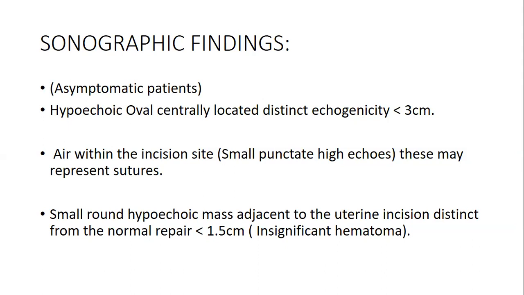In ultrasound, small punctate high echoes may present like repeated reverberations, more like you're seeing some speckles coming out due to the air within that space. So these may represent the sutures. That is very important to note. And this comes to artifacts. It may present like a very small reverberation kind of appearance, but that may represent sutures.